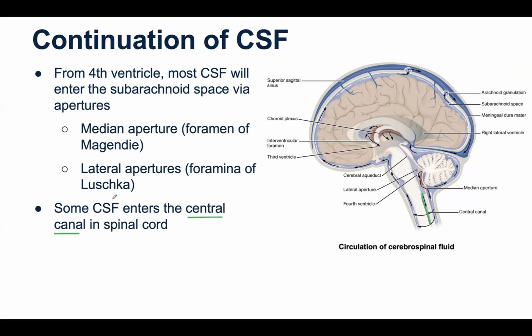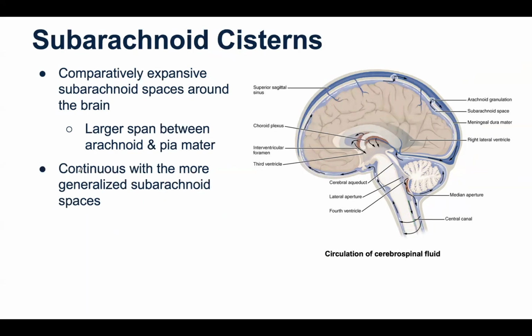The 3 main apertures that allow CSF to move into the subarachnoid space are the median, as well as the 2 lateral apertures. And all 3 of these will lead into something referred to as subarachnoid cisterns. So what are those? Well, they are subarachnoid space, but recall that the pia mater is always really closely adhered to the brain surface.